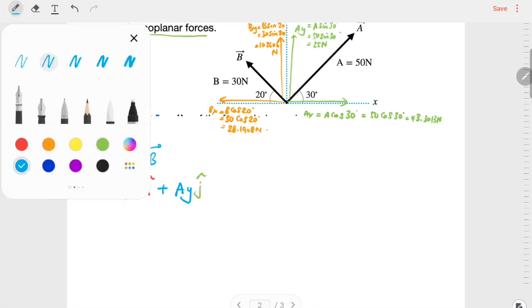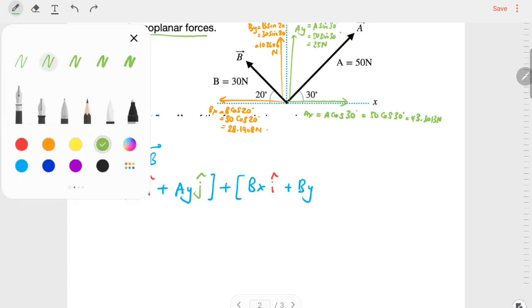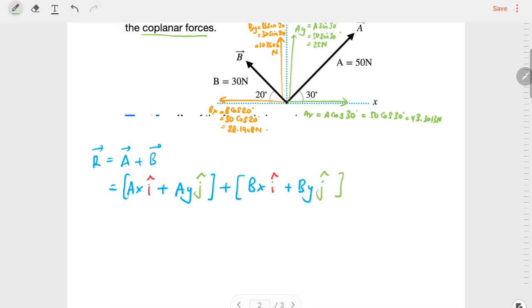And then we also rewrite vector B into an equivalent Cartesian vector and it will become BX i hat plus BY j hat. Okay, now your parameters are defined into only two directions, which are direction i hat and also direction j hat. So you can solve it according to each direction.